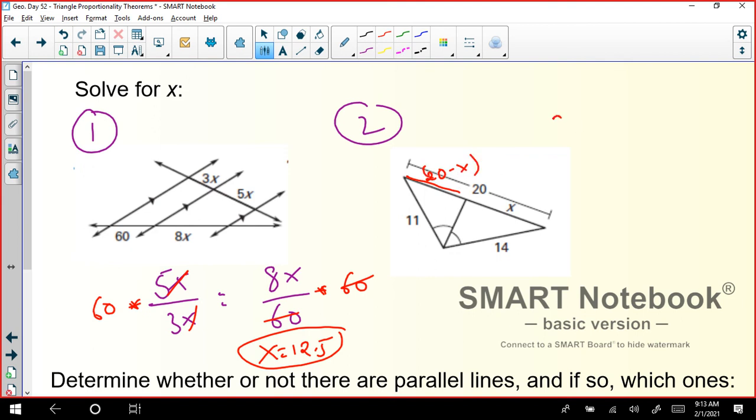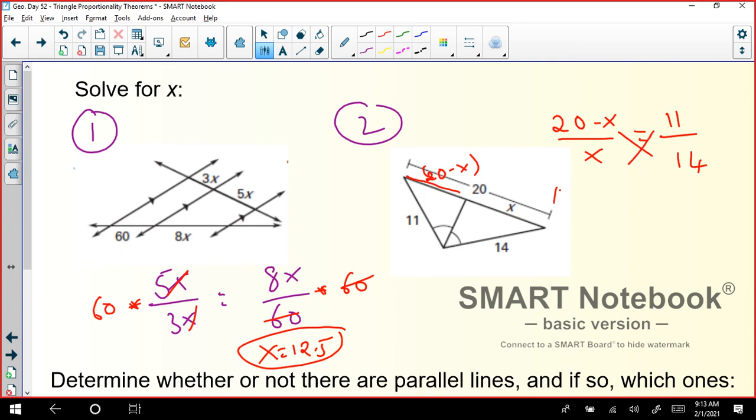I can say that ratio of 20 minus x over x will be equal to their corresponding sides. Corresponding to 20 minus x, I have 11. And corresponding to x, I have 14. I just have to simplify this to get the value of x. So cross multiply.